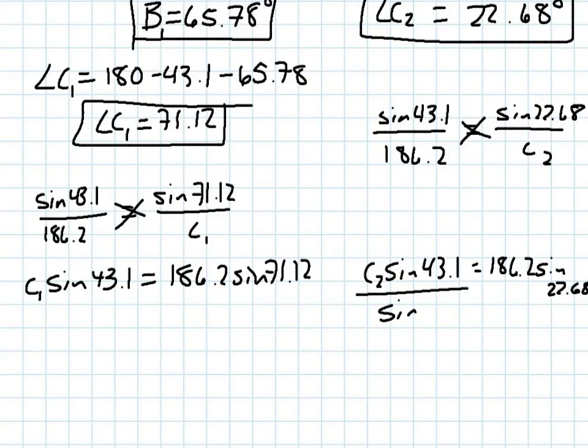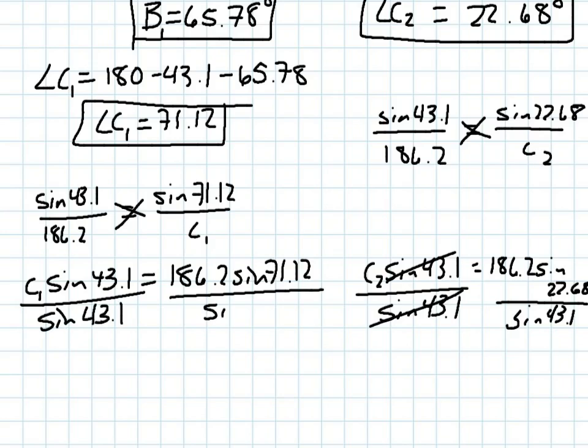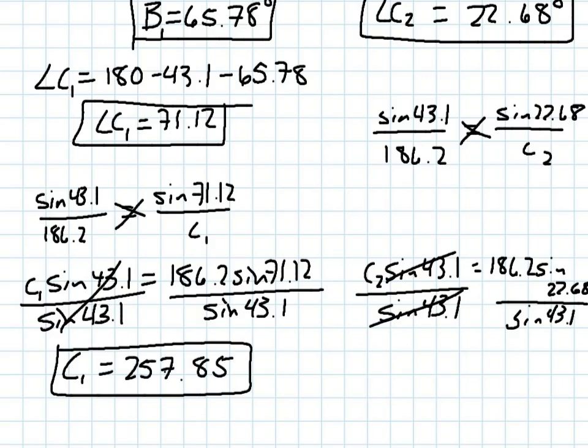So here I will have to divide by sine of 43 for each. And then that'll get me a side of 257.85 and a side of 105.08.